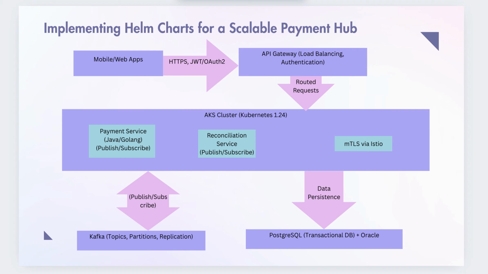This diagram illustrates the high-level architecture of our cloud-native payment hub, designed to process millions of transactions daily with 99.99% uptime and PCI DSS compliance. It shows the flow from client applications to backend services, highlighting key components: web and mobile apps, API gateway, AKS hosted microservices, Kafka, and PostgreSQL.